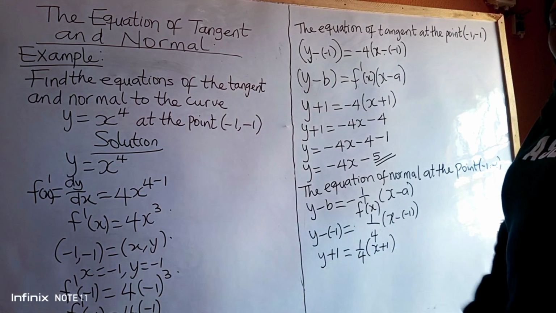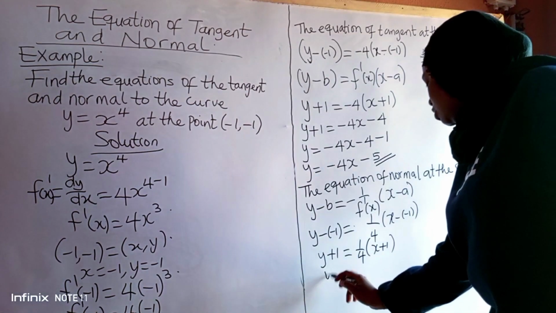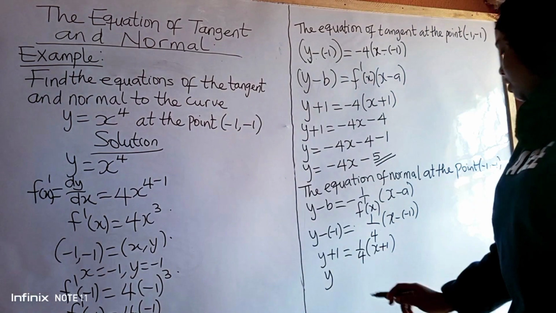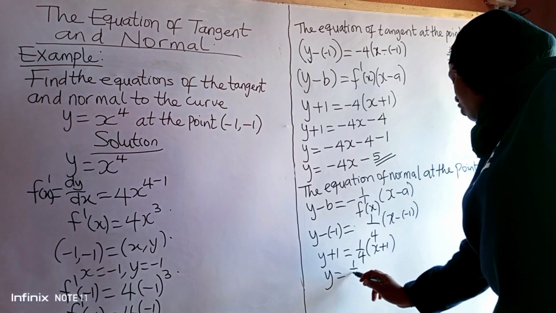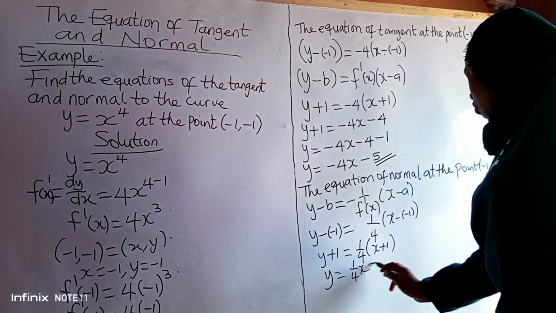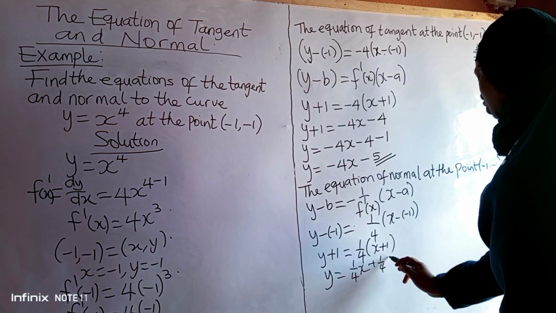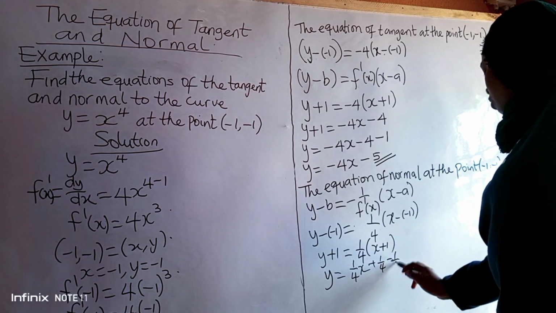So if you like, you can leave it like this. Or if you like, you can subtract 1 from both sides. So I have y is equal to 1 over 4x plus 1 over 4, then minus 1 over 1.